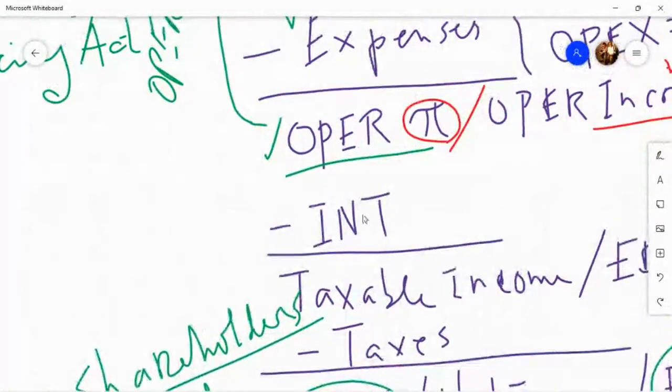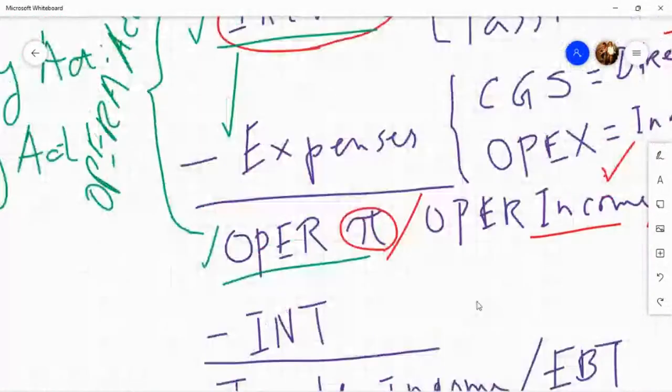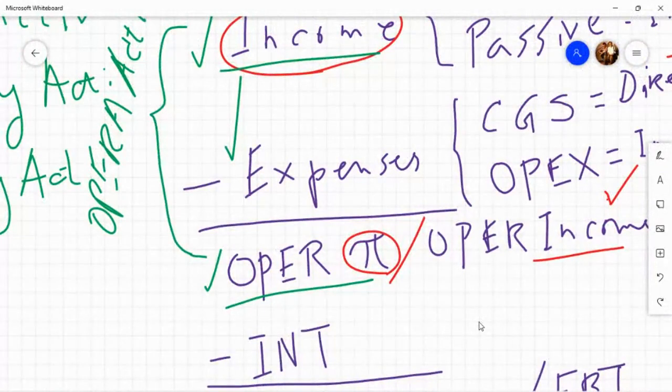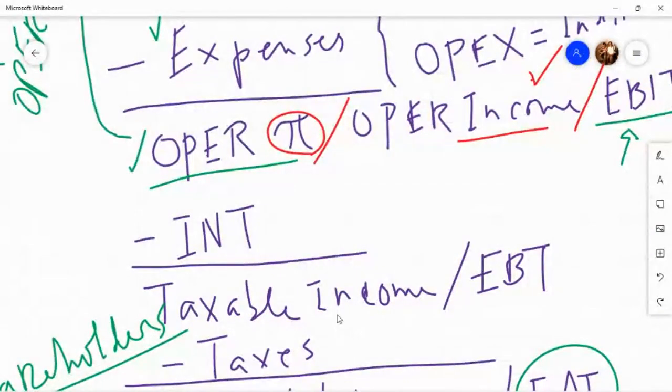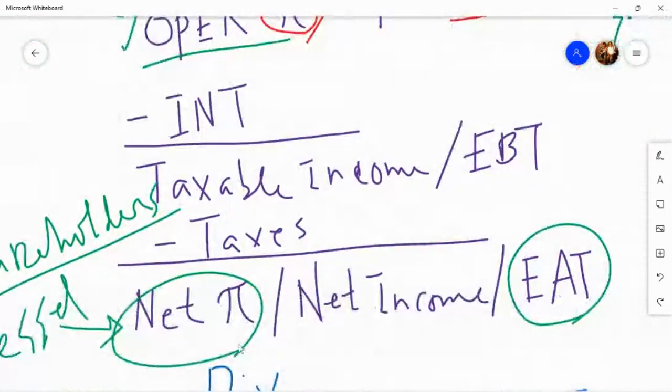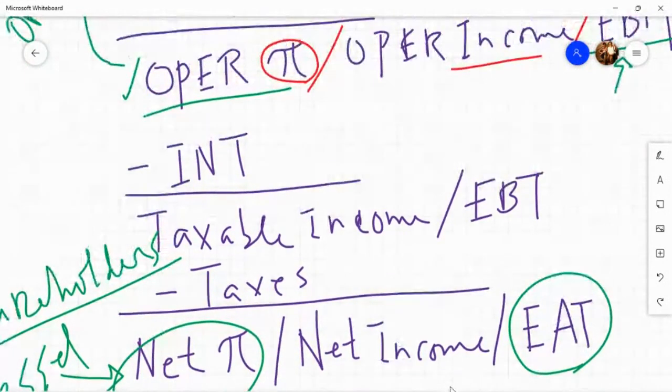I told you it's inappropriate to call this operating income, because I've been telling you income is always a gross concept. If it is a business, it's right to call this operating profit, and call this taxable earning or taxable income, fine, and net profit, not net income.